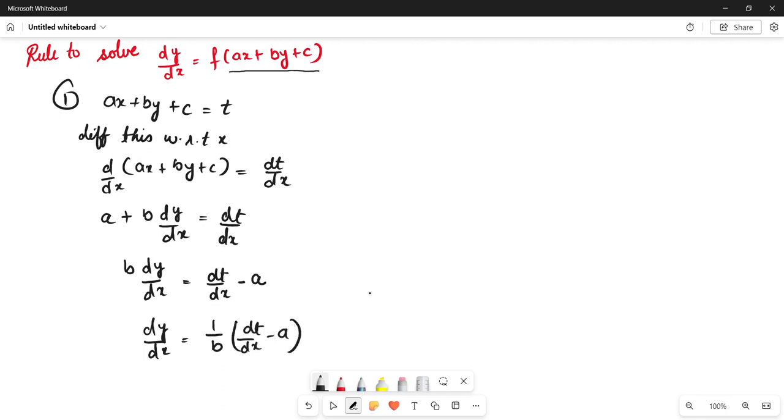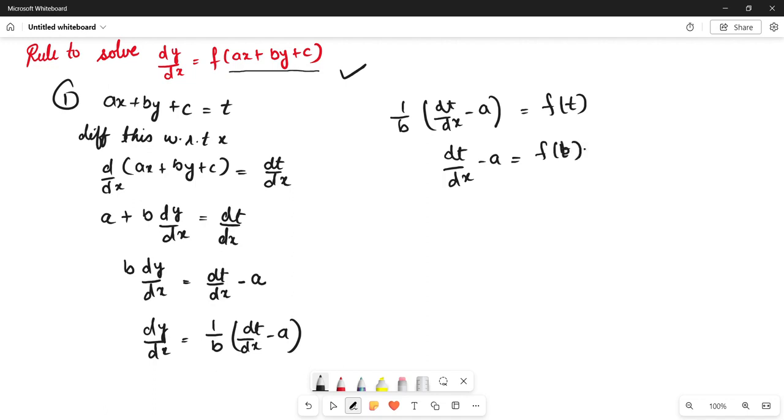By solving this, the equation can be converted into 1 by b into dt by dx minus a equals f of t. Your equation will become dt by dx equals a plus f of t into b.